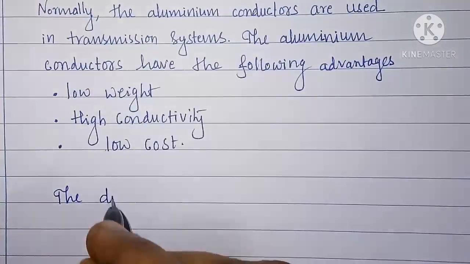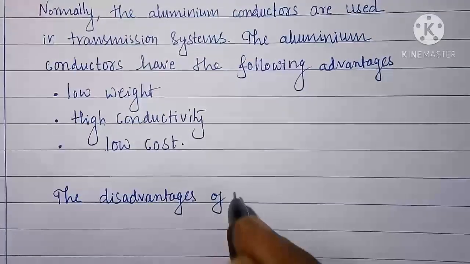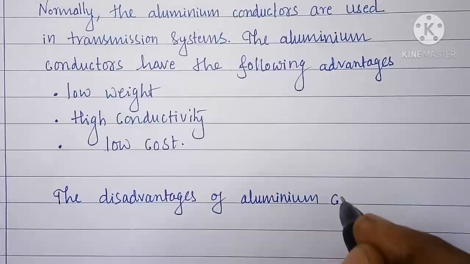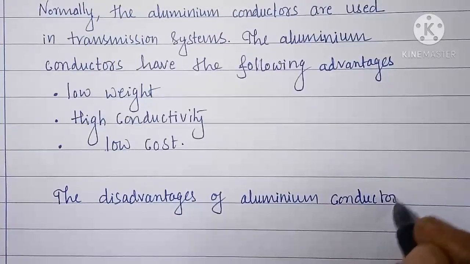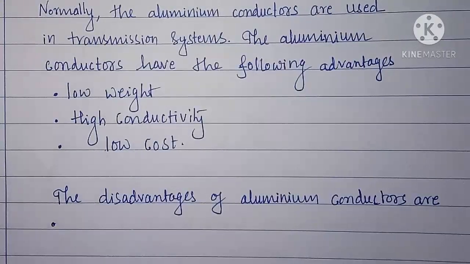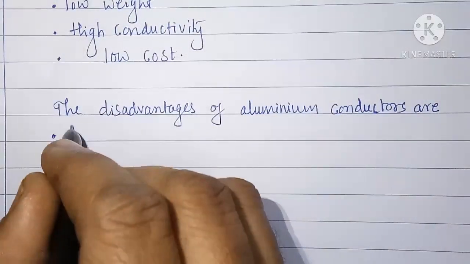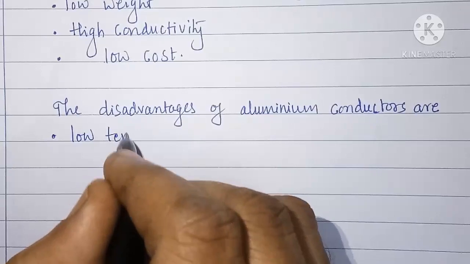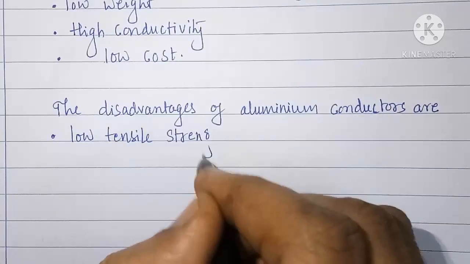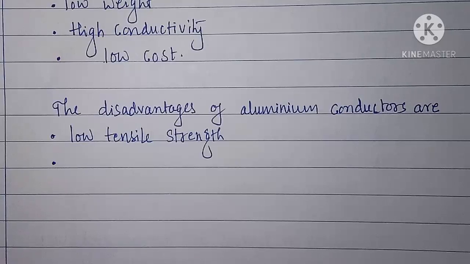The disadvantages of aluminum conductors are low tensile strength, that means they break down at less load.